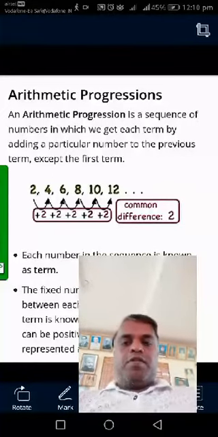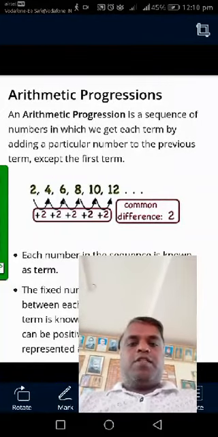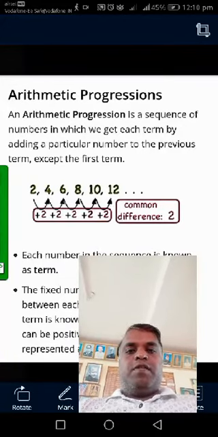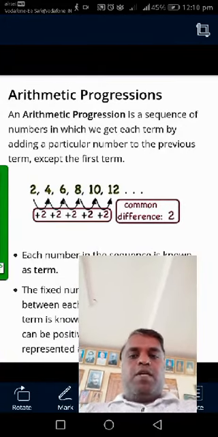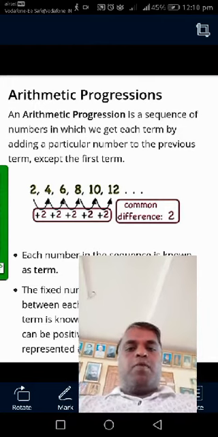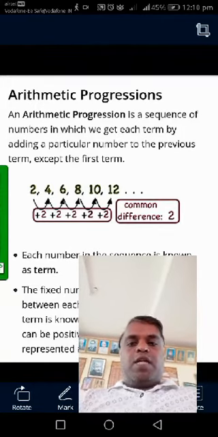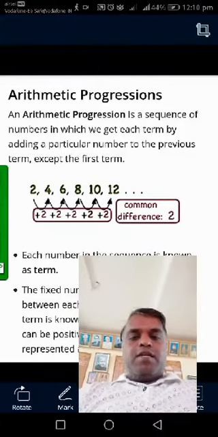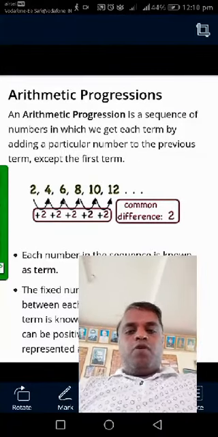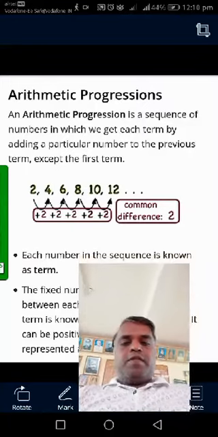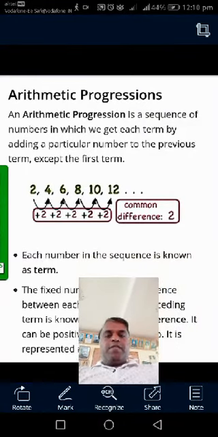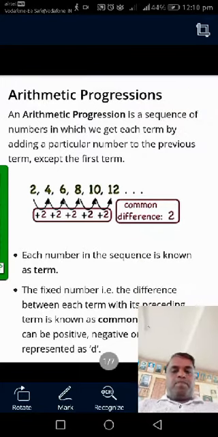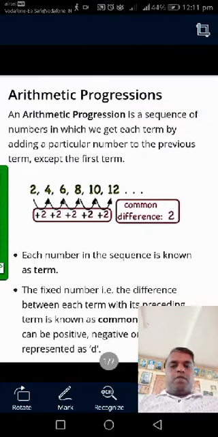Arithmetic progression. An arithmetic progression is a sequence of numbers in which we get each term by adding a particular number to the previous term, except the first term. For example, 2, 4, 6, 8, 10, 12.